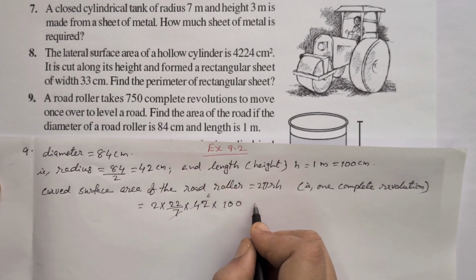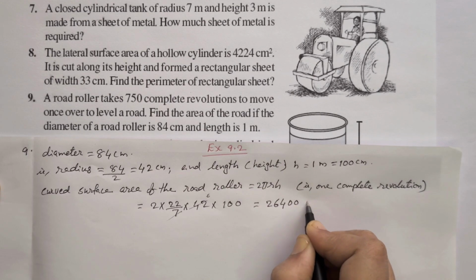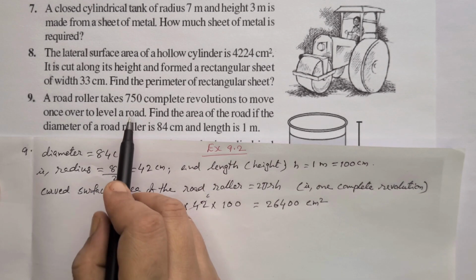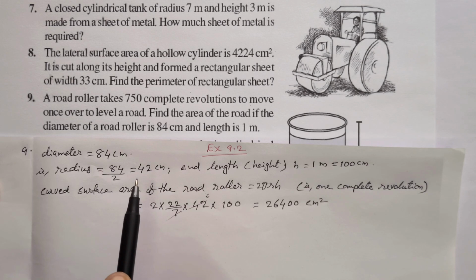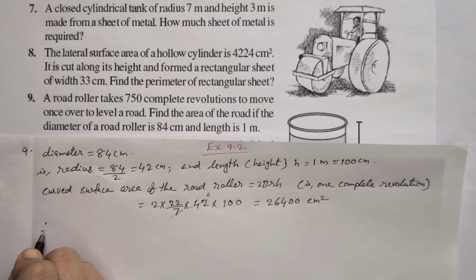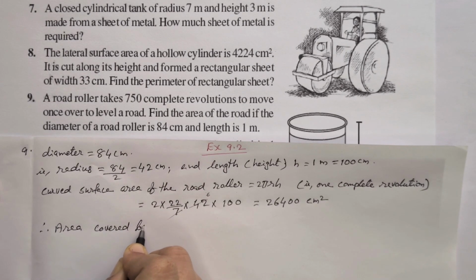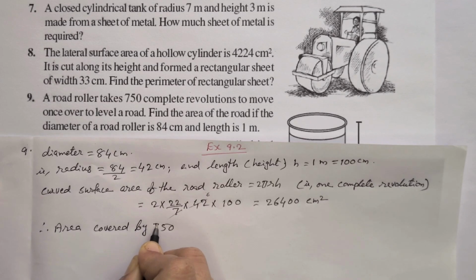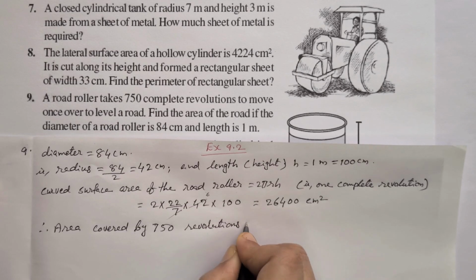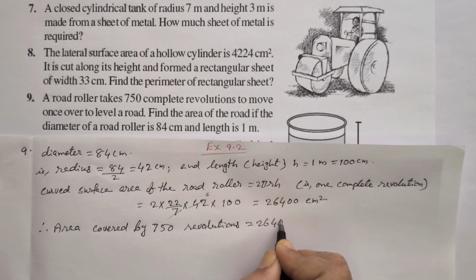Here 6 times when we are multiplying, we will get 264 and 2 zeros. That much centimeter square. This is for one revolution. Like that way 750 revolutions are there. So we can write area covered by 750 revolutions, which is equal to, for one revolution, 26,400 centimeter square.